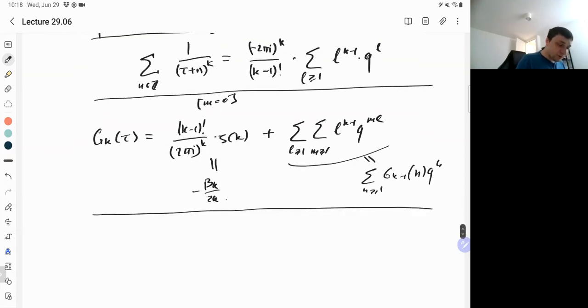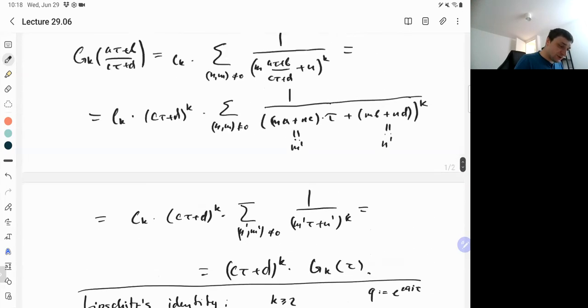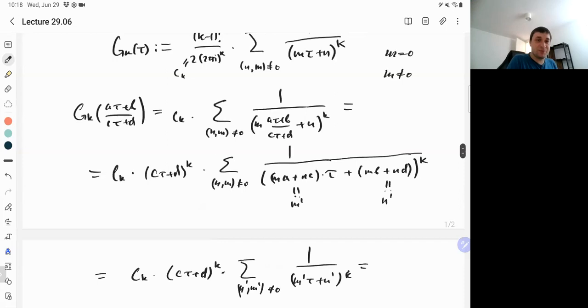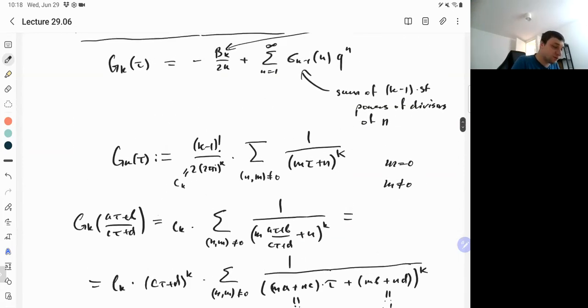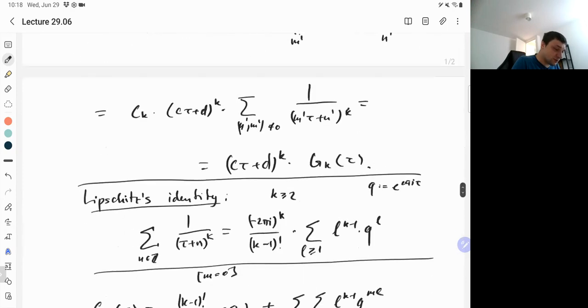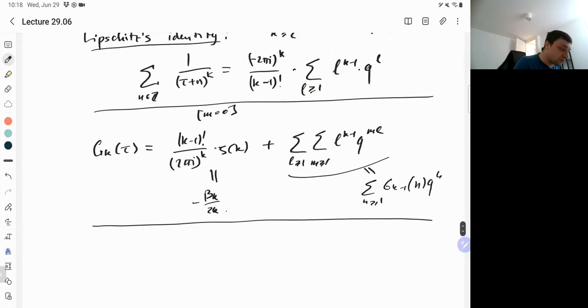So the right definition tells you immediately that this is a modular form, and then you compute what the Fourier expansion is. This is much easier than starting with the Fourier expansion and trying to figure out why it's modular, although that you can also do.